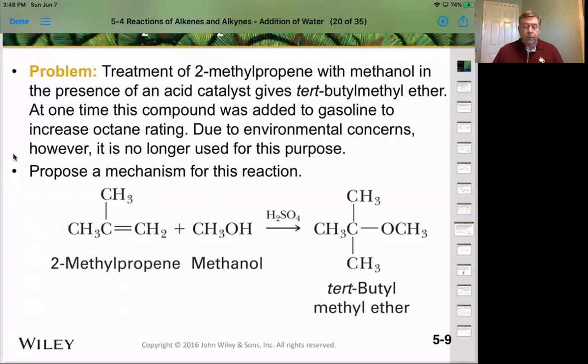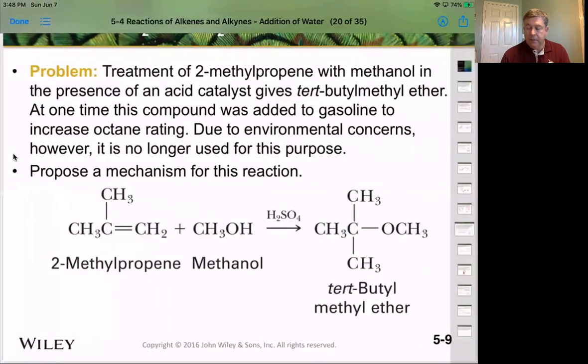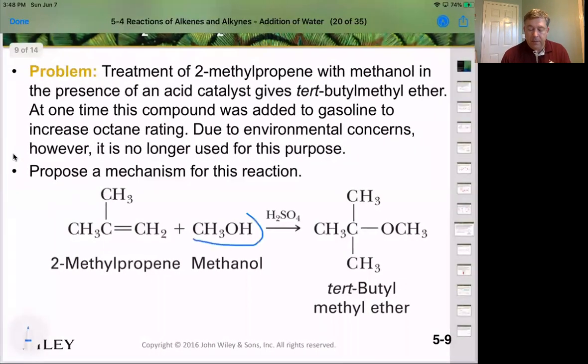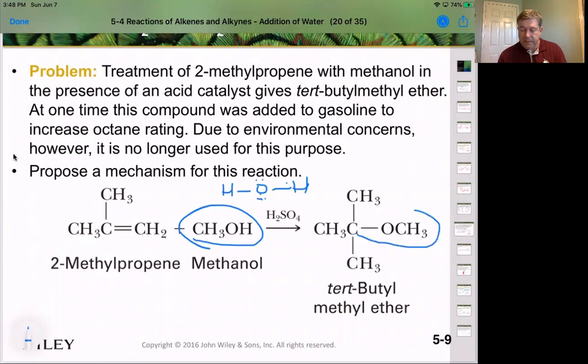We're going to propose a mechanism for how we can take the methanol here and say how it would be equivalent to water in an acid-catalyzed system, to give us this ether bond instead of an OH bond.